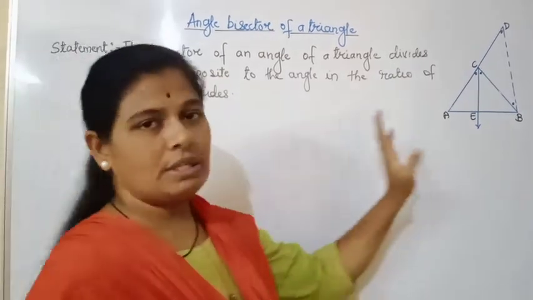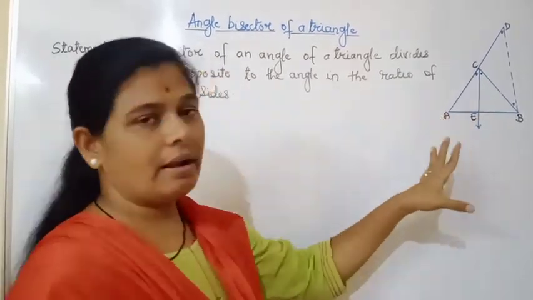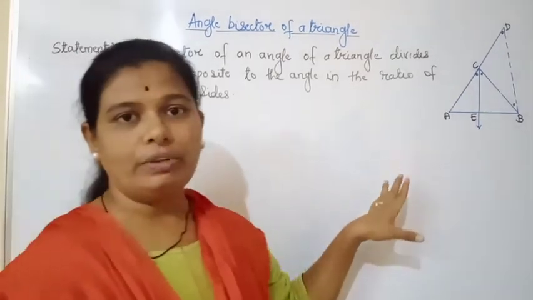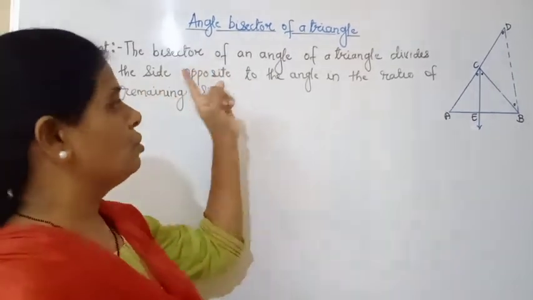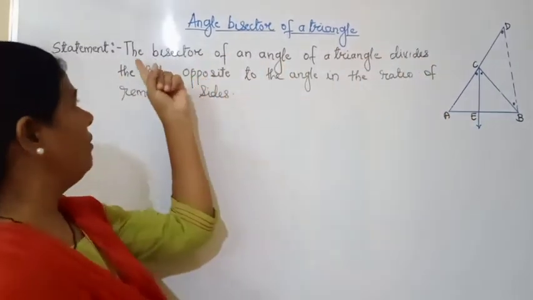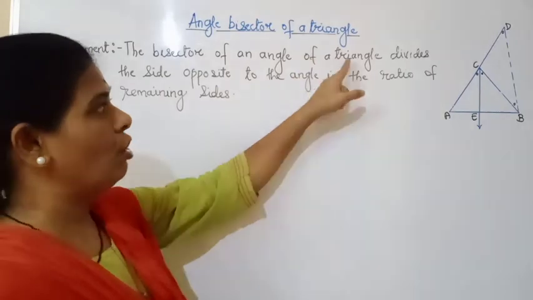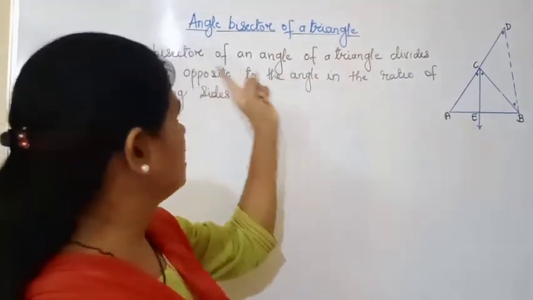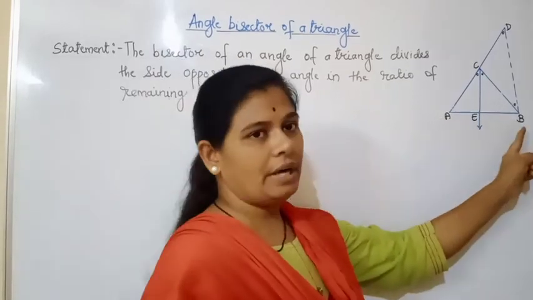As you can see, I have drawn the diagram: triangle ABC, and CE is the bisector of angle C. So this is the bisector CE. It divides the side opposite to the angle.